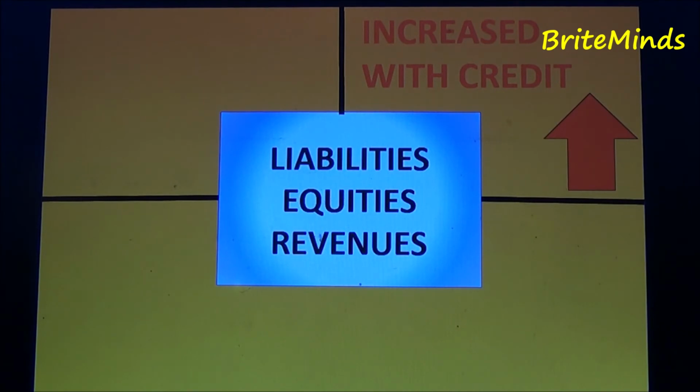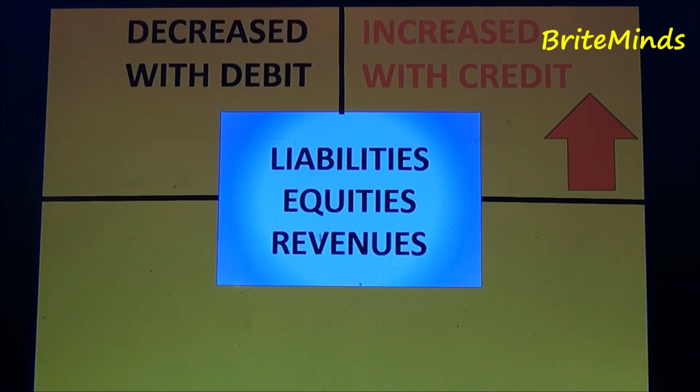Now we go to the debit side of the accounting entry. Decreases in liabilities are recorded as debit. For example, the business entity paid the obligation to the creditor.